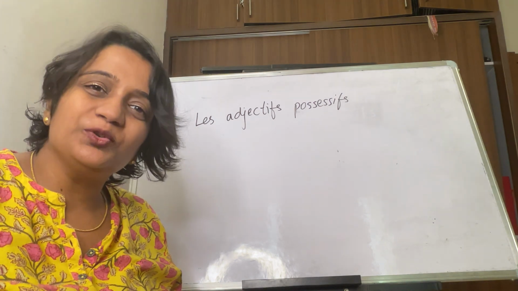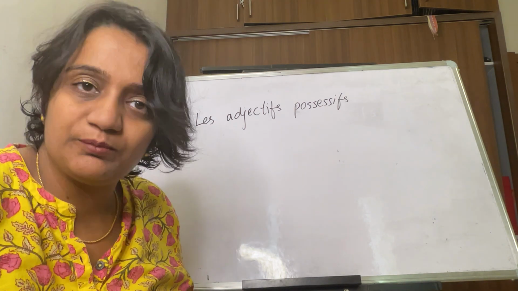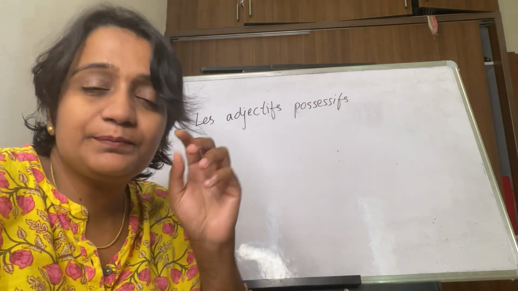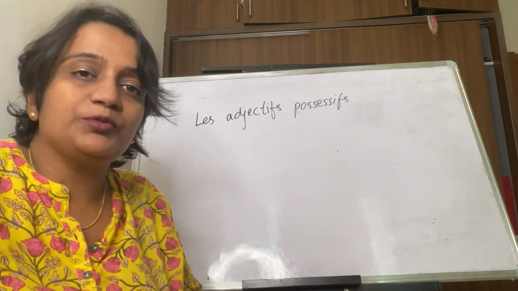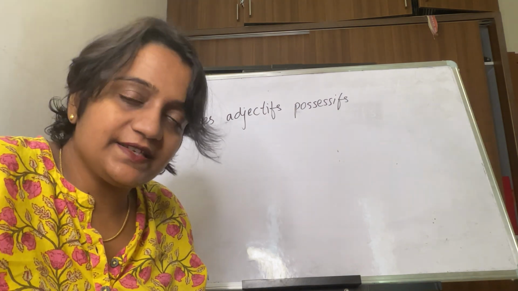Was it Paul has a beautiful library, and I love his books. So his is a possessive adjective. It tells you who the owner of the books is, which in this case is Paul.